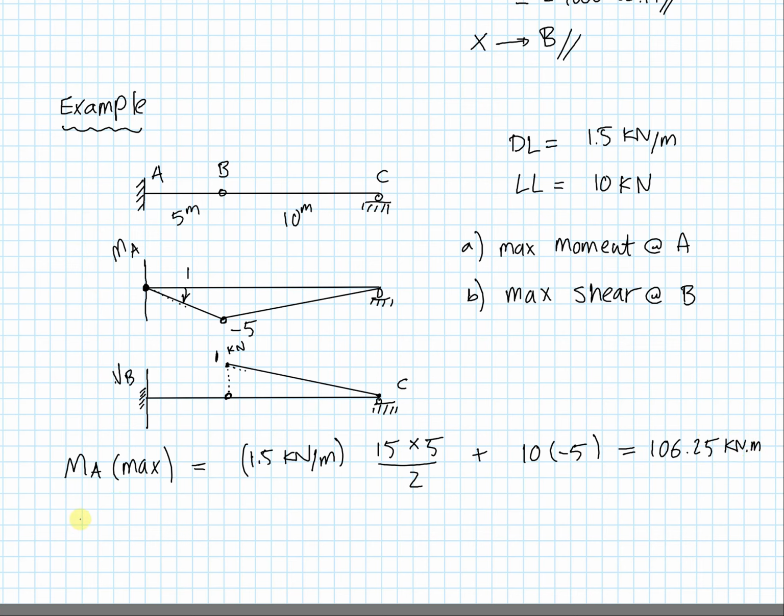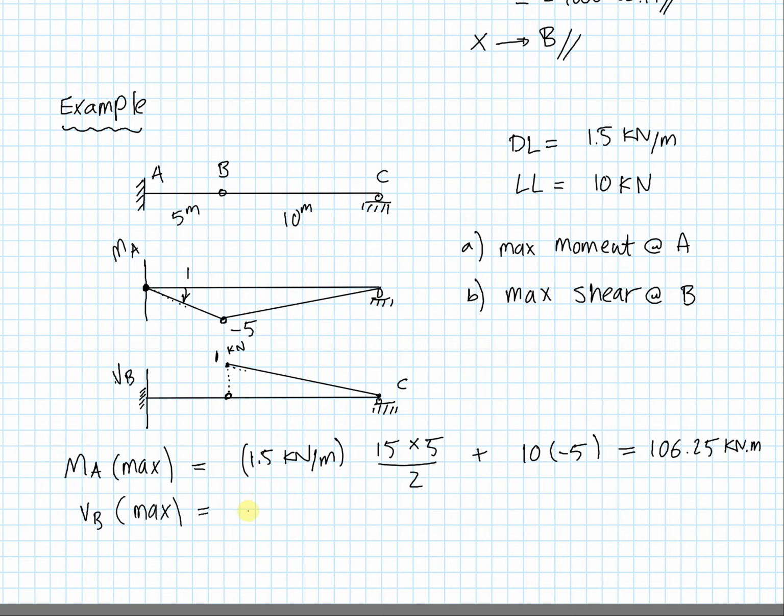And next up, I'm interested in VB, and again, we're interested in the maximum value. Again, with distributed loads, you don't really have a choice. They will be applied along the entirety of the section. Now, because the left side is equal to 0, we're only going to pay attention to the right side.